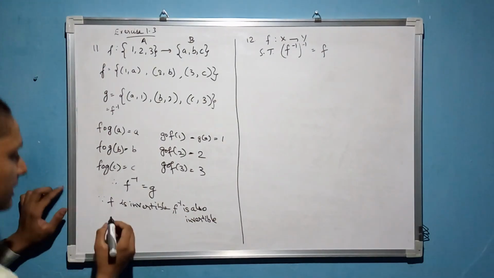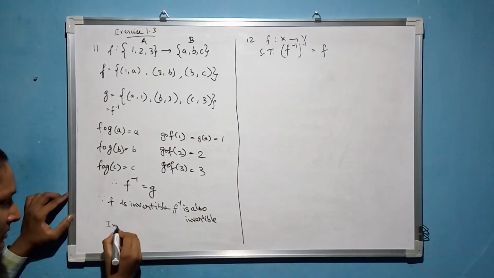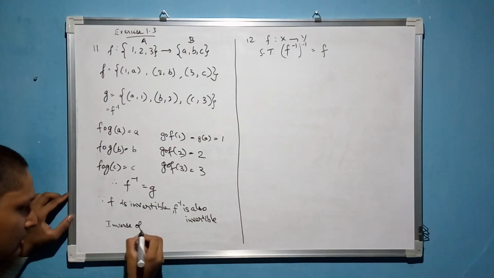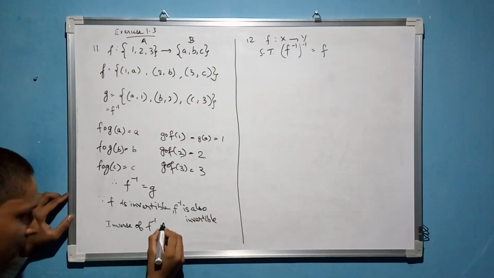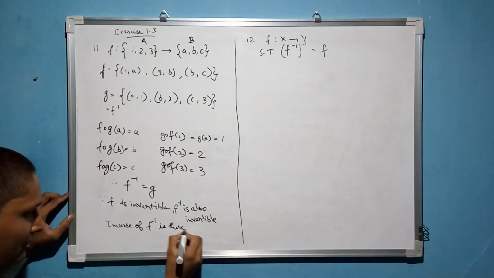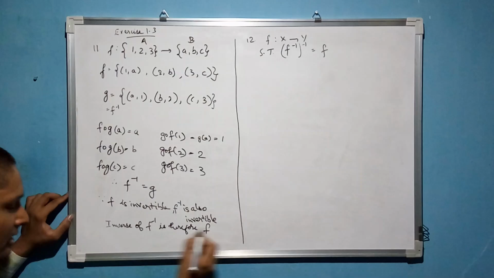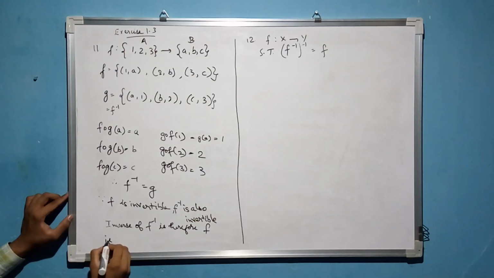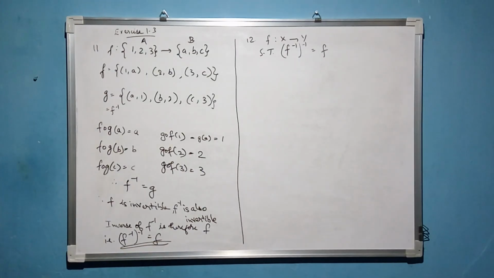The inverse of f inverse is therefore f. That is, the inverse of f inverse is equal to f. That's what you just proved there. Right? We are going to the next part now.